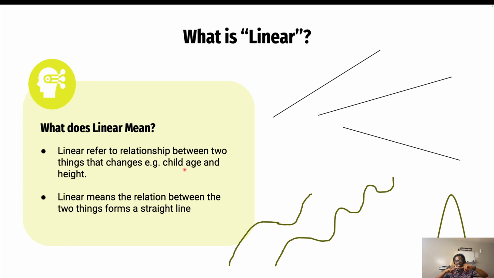As the age is increasing, the height is increasing. Then I gave an example of what straight, like linear, means. This one is linear, a straight line in any direction. This one is linear, this is linear.